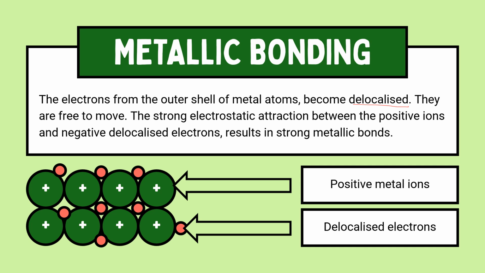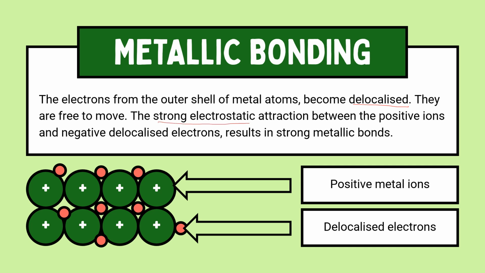The strong electrostatic attraction between the positive ions and negative delocalized electrons results in strong metallic bonds. So now what is electrostatic attraction? The force that pulls together oppositely charged objects or particles.